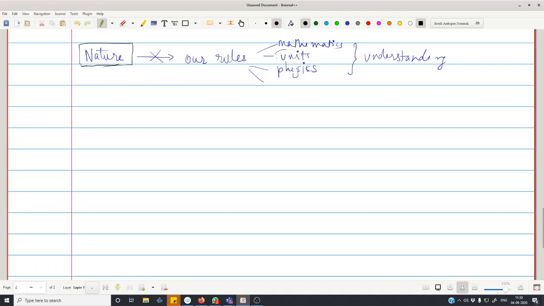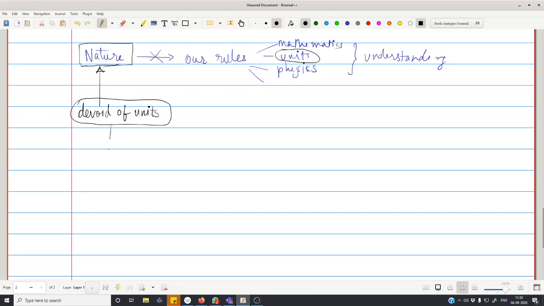So if nature does not depend on units, we must have some description of the physical phenomenon which is devoid of any units. There must be some description that must exist which should be devoid of units.